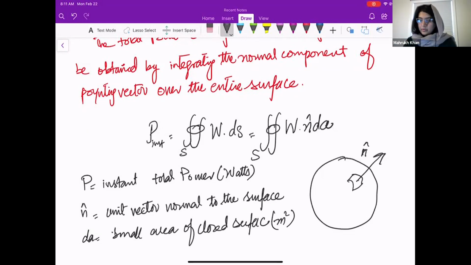So that's what we defined as the total power. Taking the integral of the power density with the normal component of the area gives us the total power.